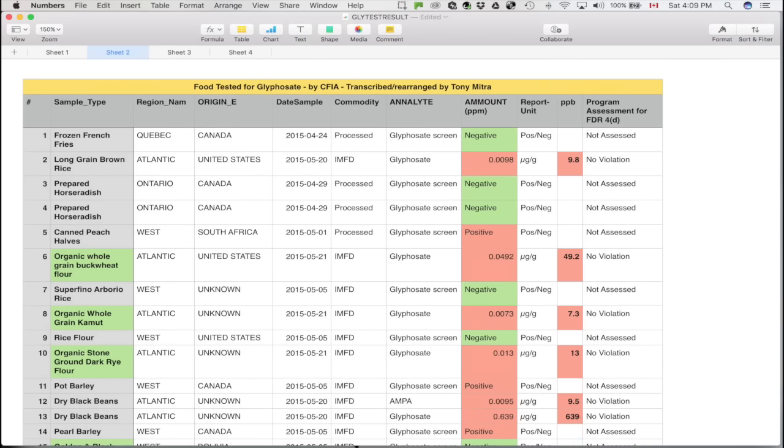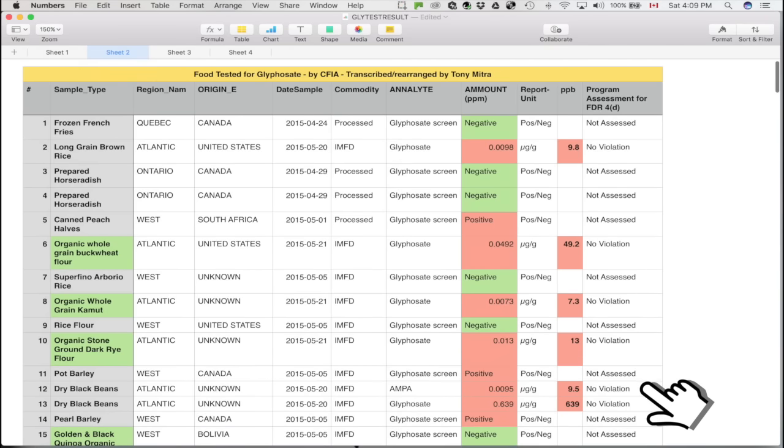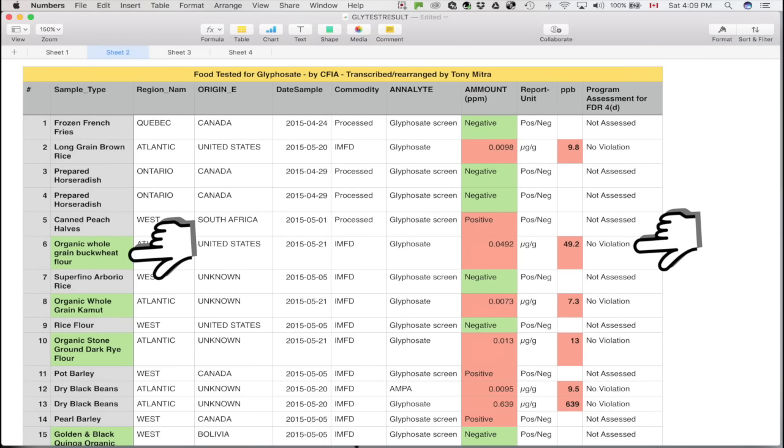And then the last column is the program assessment for FDR. I don't know what it means, but basically it tells CFIA's decision after reading the data. For instance, not assessed anymore. No violation when there was 49.2 micrograms found in organic wheat grain buckwheat flour. For some reason, it is considered not a violation.